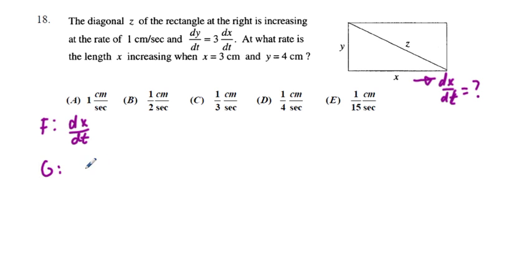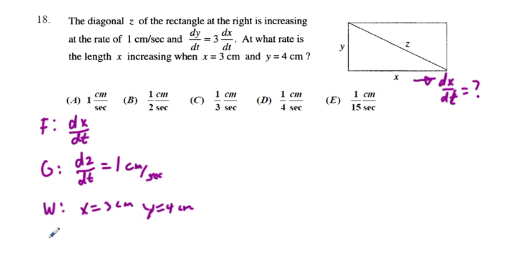Well, we're given that dz/dt, the rate at which the diagonal is increasing, is 1 centimeter per second. We'll call this the only given right now. It's going to be when x equals 3 centimeters and y equals 4 centimeters.